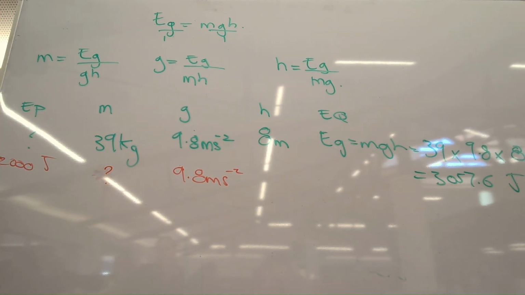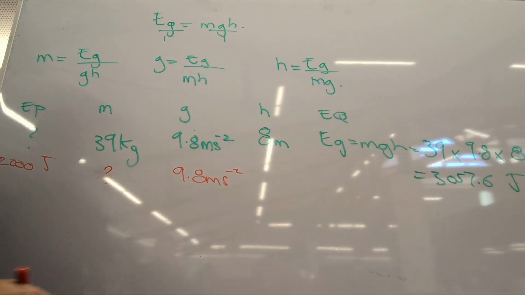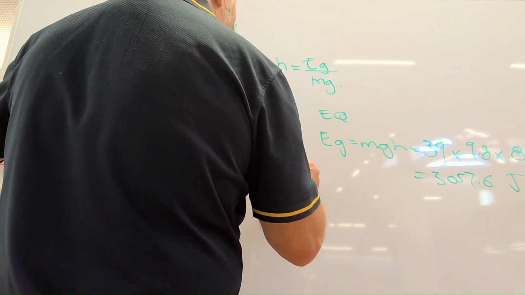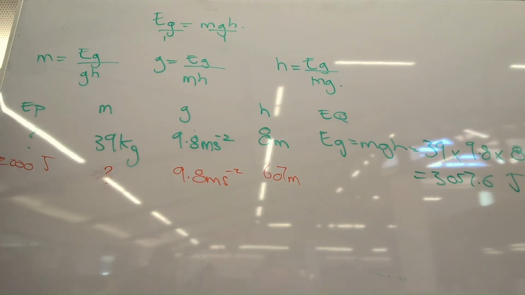We're really going to need a calculator for that one. Oh, okay. Can I just make it 607? 607 meters tall. What equation are we going to use to calculate the mass of Mrs. Rabbit?